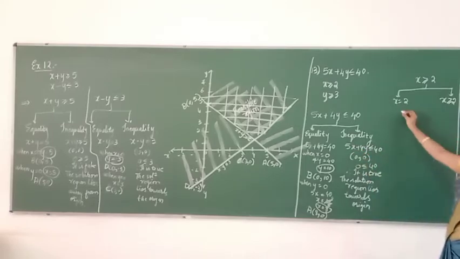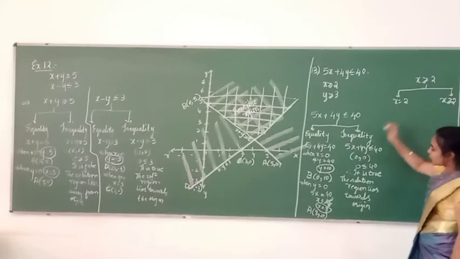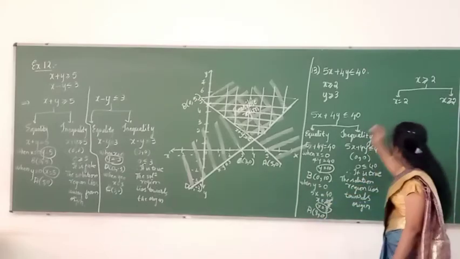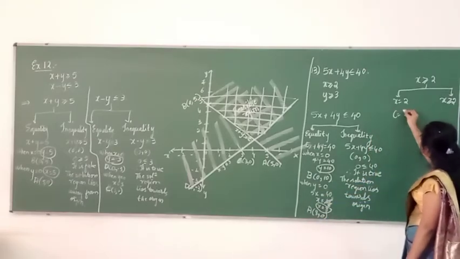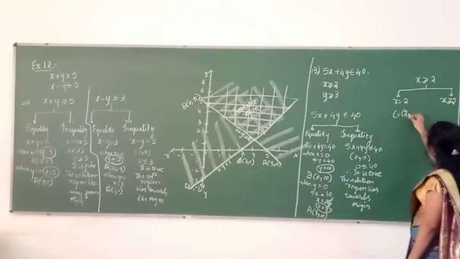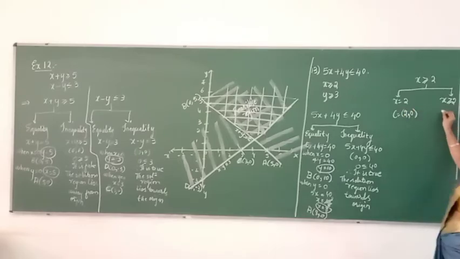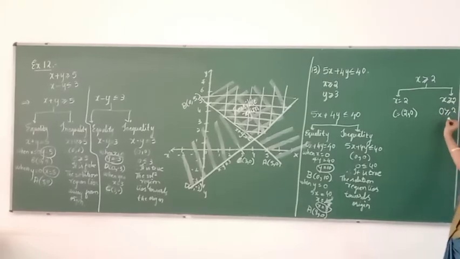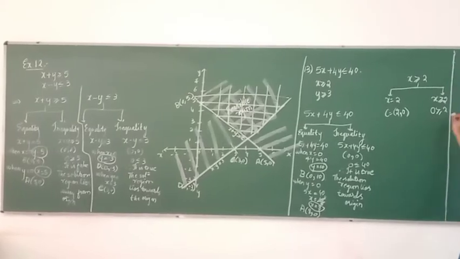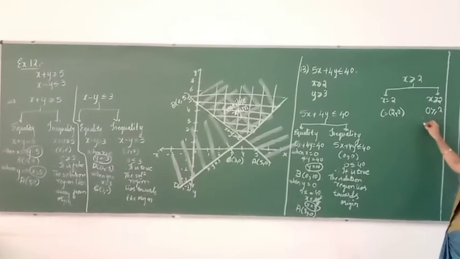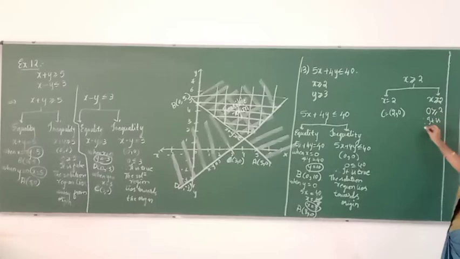Fine. So here what are we getting? So x coordinate point is what? 2. Here already I have considered A, B, so this I will be considering as C, which is nothing but 2, 0. And here just substitute 0, 0. So it will be 0 greater than or equal to 2. Is 0 greater than or equal to 2? No, because it is false.